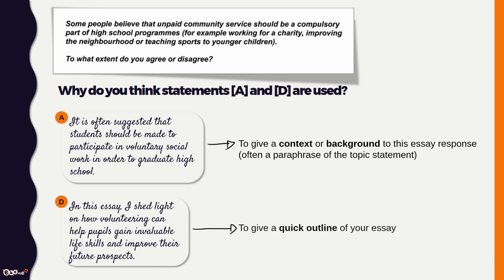And statement D is giving the outline of the most important reasons why you would agree. So, I shed light on how volunteering can help pupils gain invaluable life skills and improve their future prospects. So, there are 2 key reasons why you are agreeing with the idea suggested.